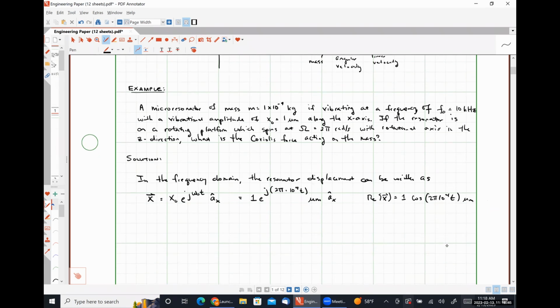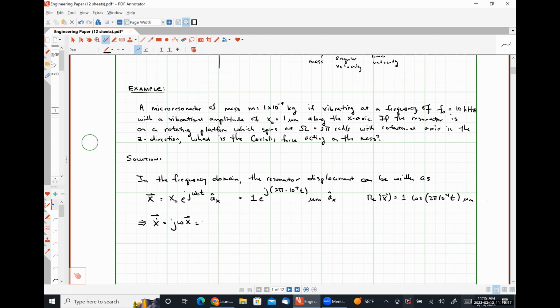So anyway, our Coriolis force depends on the velocity, right? So to find our velocity, we're simply going to take the derivative of this thing. That's nothing more than j omega times x, because in the frequency domain, taking the derivative is the same as multiplying by a factor of j omega.